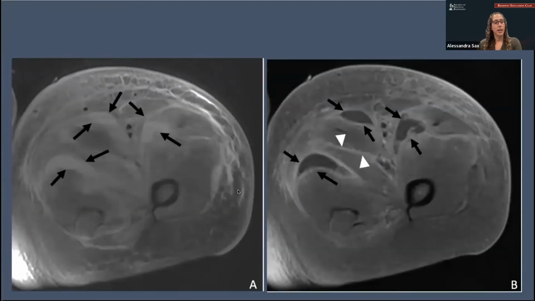This is actually a case I stole from the SSR white paper on musculoskeletal infections. And we can see that there's like a ton of muscular edema, fascial edema and fluid pockets within this thigh musculature.